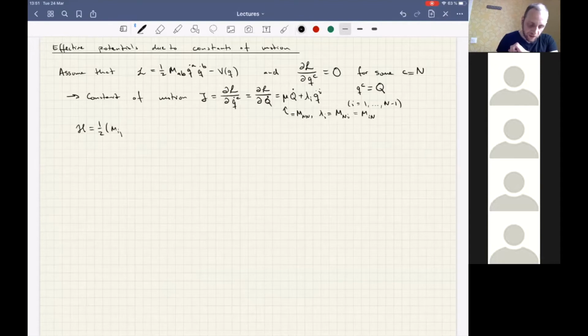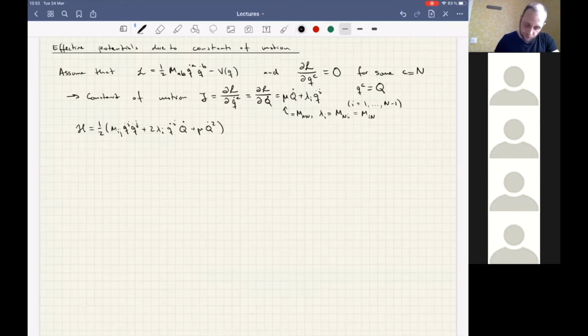So I'm going to have m_ij q dot i q dot j, those are just the contributions from all the coordinates that are not equal to C, plus 2 lambda_i q dot i times Q dot plus mu Q dot squared.